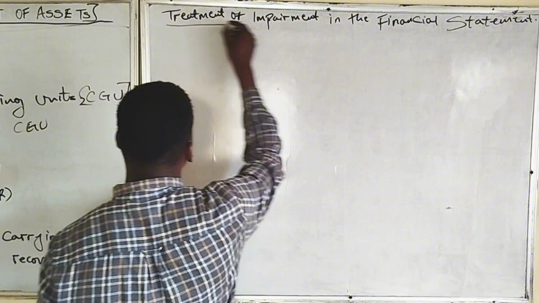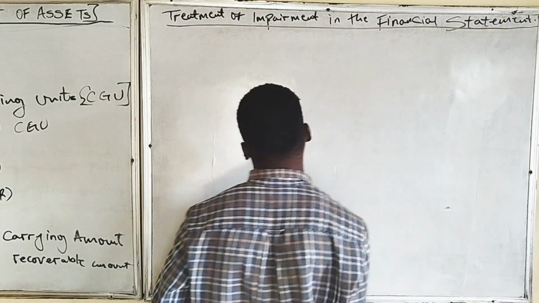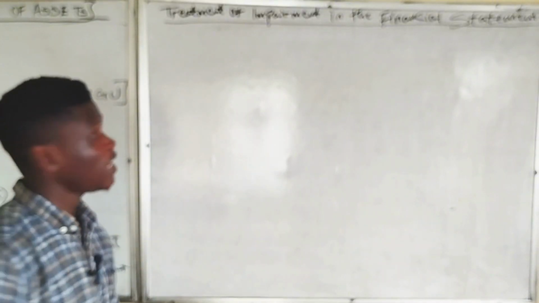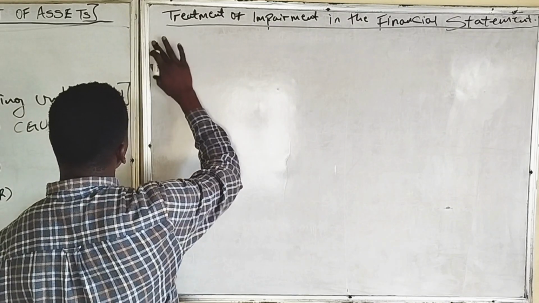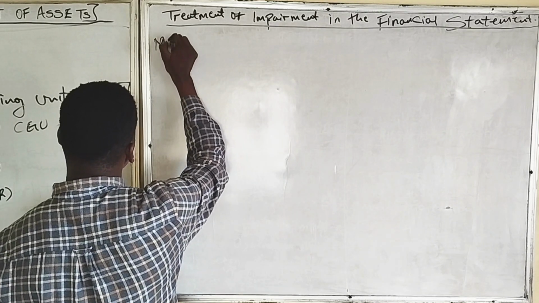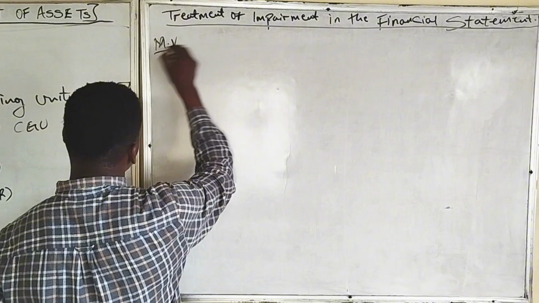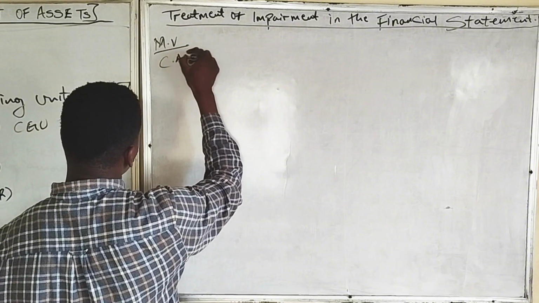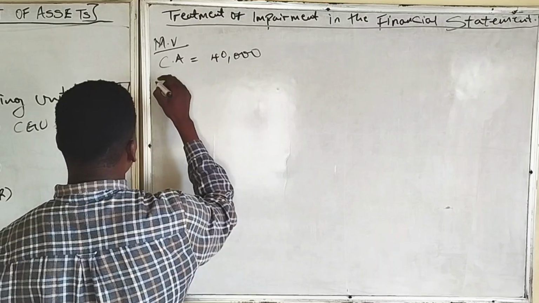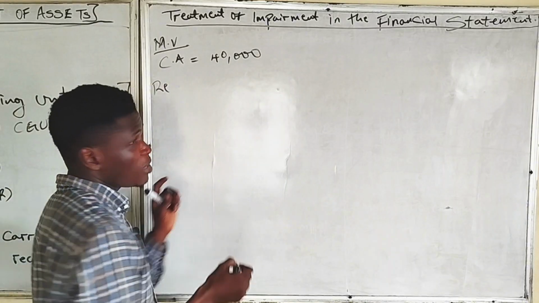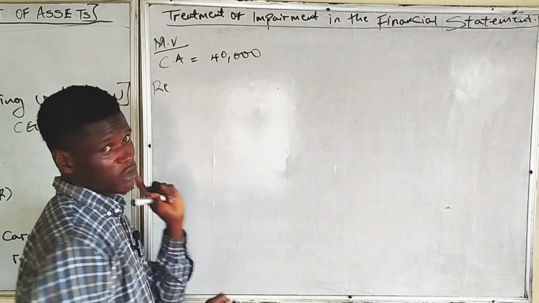So how do we treat impairment? How do we pass the entry? If, for example, we have an asset, let's say a motor vehicle with a carrying amount of 40,000, and the recoverable amount, we said the impairment arises when the carrying amount is greater than the recoverable amount.